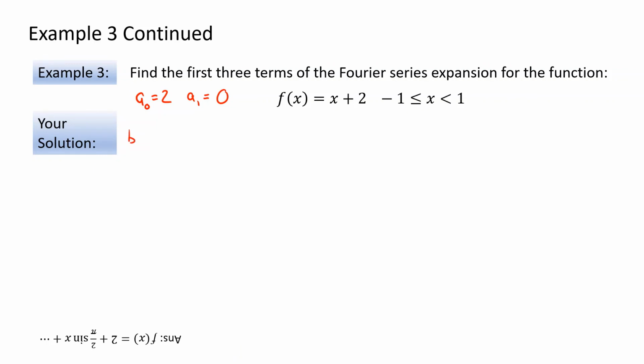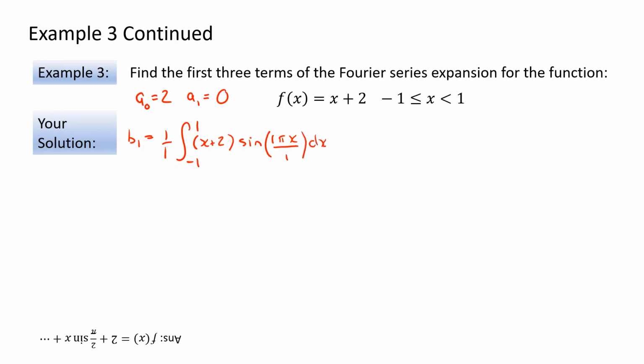So B1 is equal to, again, 1 over L, which is 1 divided by 1, times the integral from -L to L, or -1 to 1, of f of x, which in this case is x plus 2. And now we have the sine function instead. So we get sine of n, which is 1, pi x divided by L, which is 1.